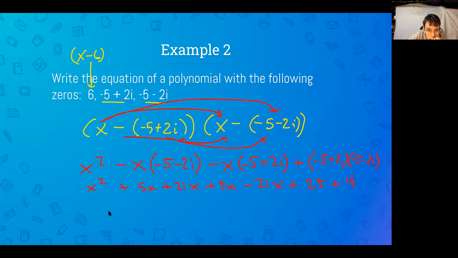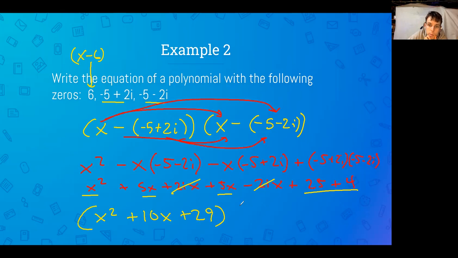Okay, putting some things together, we have x squared, 5x, no, 10x. This 2ix and negative 2ix cancel. So this is going to be x squared plus 10x plus 29 times my remaining factor, x minus 6.